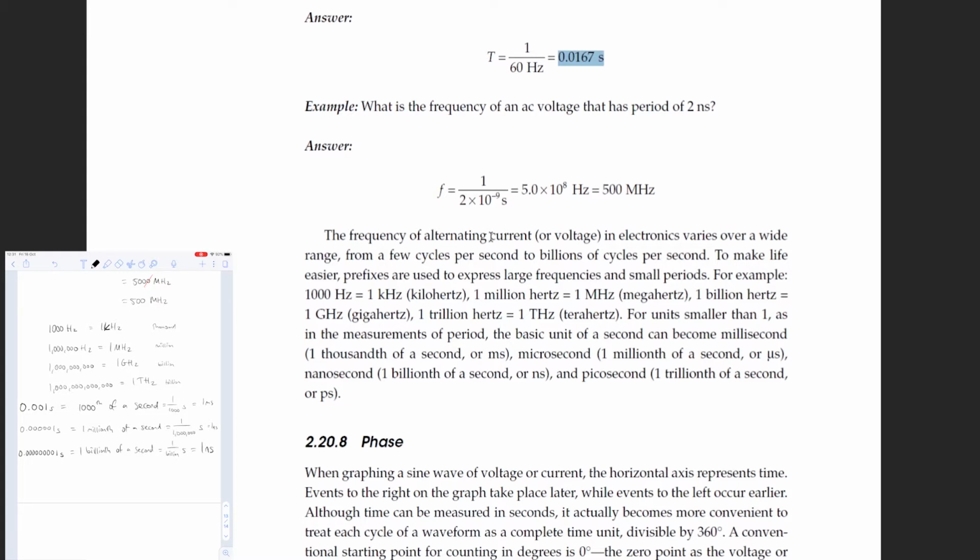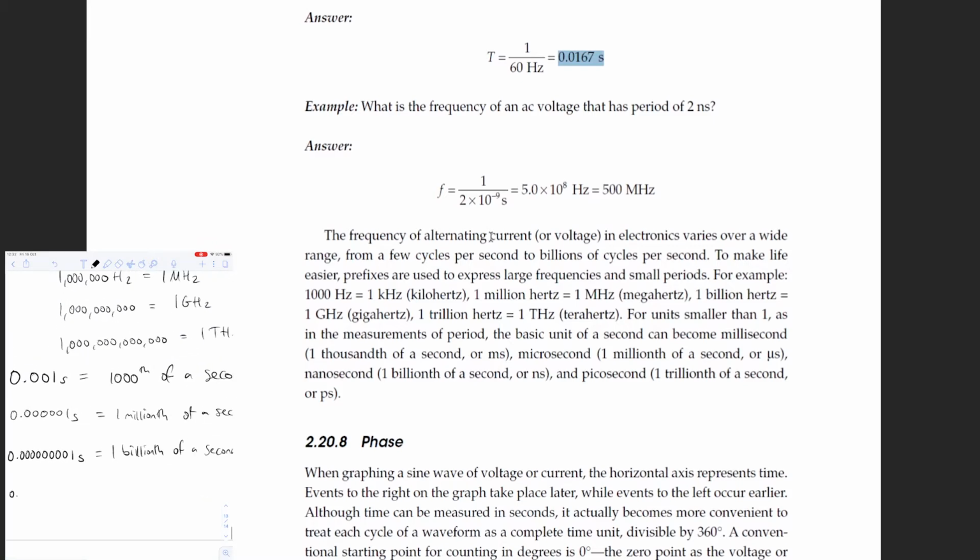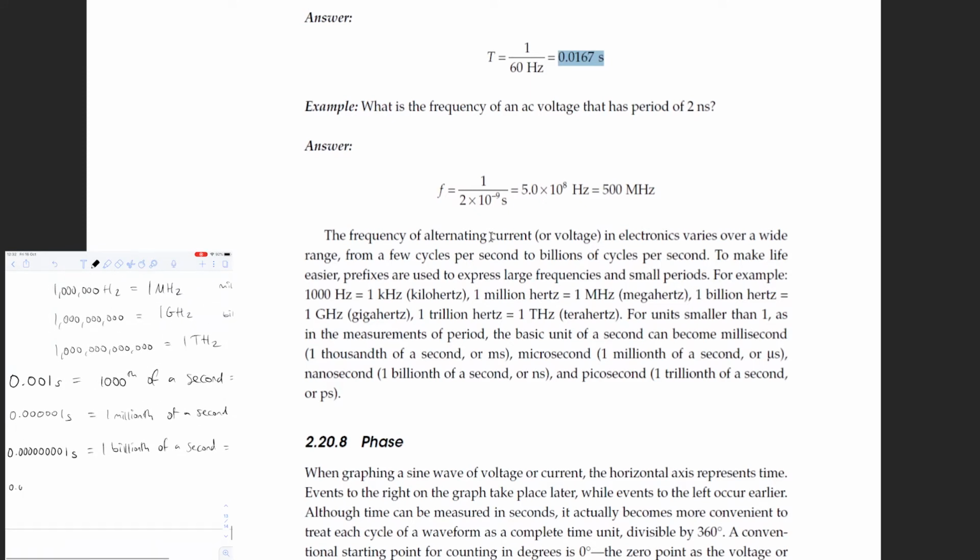So billionth of a second, and then we've got a trillionth of a second, a picosecond, which is PS. Okay. So we got 0 point and then a trillion. So that's like I don't even know how many zeros. So we had 5 zeros there, we got 8 zeros there.